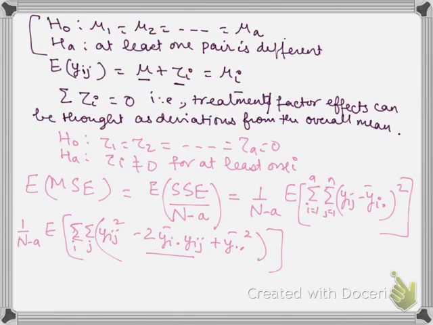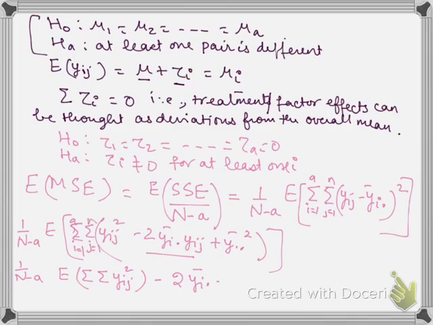So I can write this as, if I run the summation, 1 over n minus a, expected value of the double sum Yij squared minus 2 times Yi dot bar, and then if I run this summation it would be Yi dot, and then n times, because i is running, a times of that.